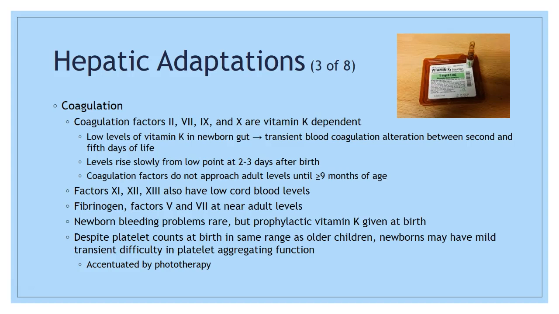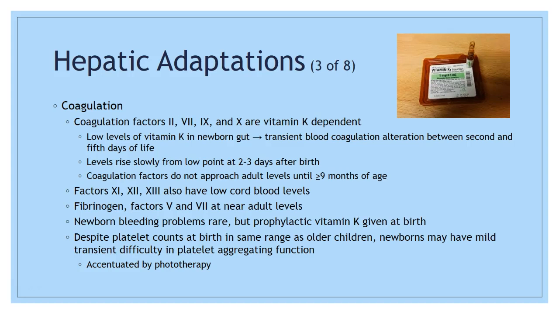There are several clotting factors that are dependent on vitamin K, but newborns have a very low level of vitamin K. So they need a shot of vitamin K, which we give intramuscularly, after delivery in order to be able to clot appropriately.